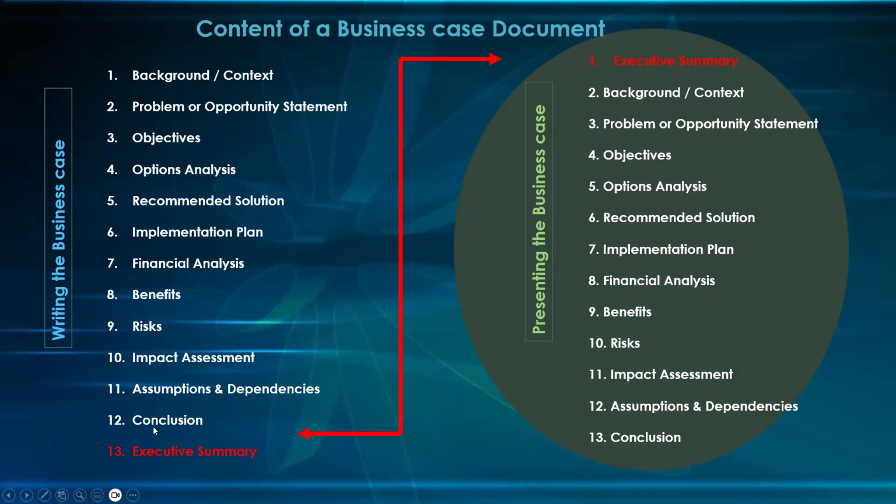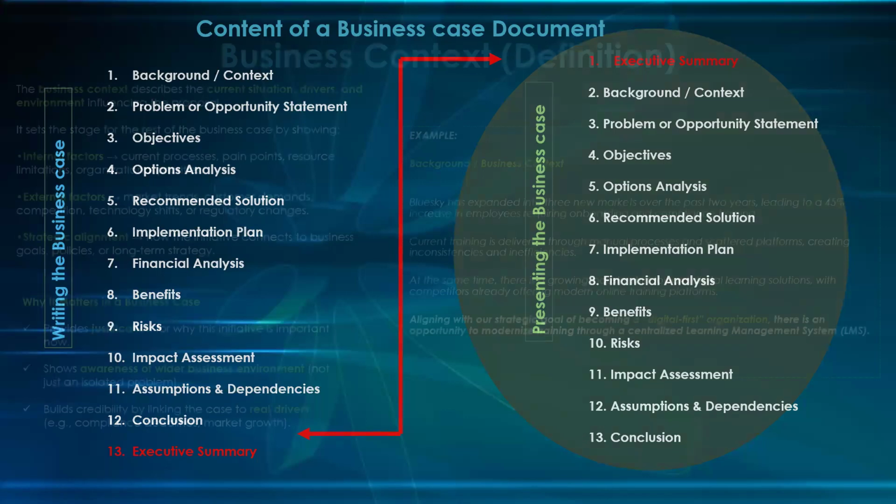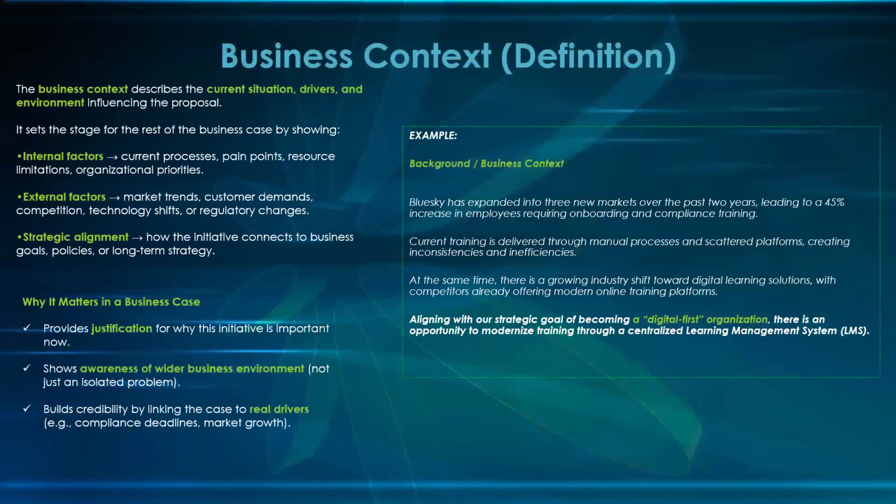In your own case, when you're writing it, you can put some of these headings together. But for us to understand what exactly goes into a business case, I had to open it up so that we'll see everything and understand each of those items. So now we're talking about the business.